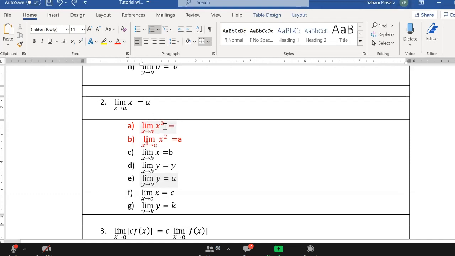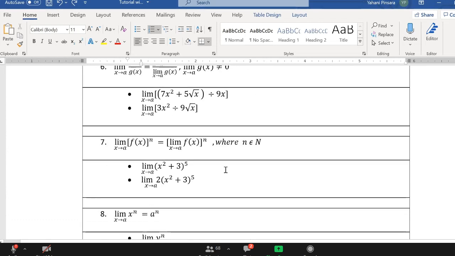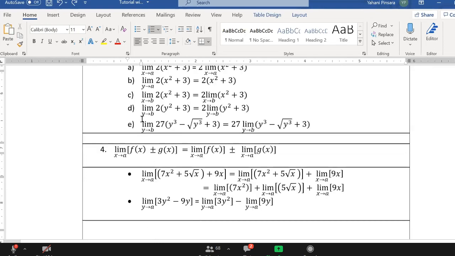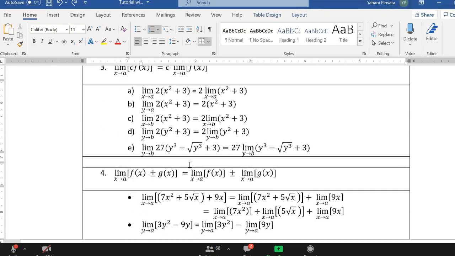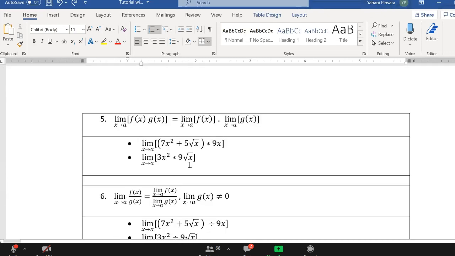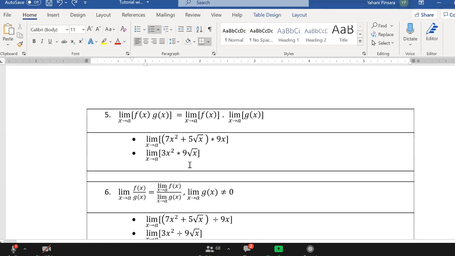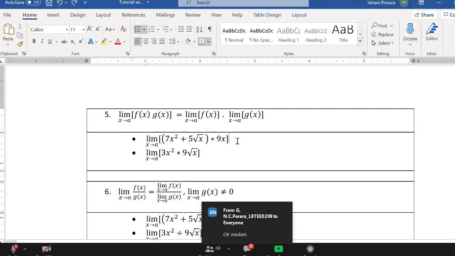You can find the answer after doing this question, after learning this law, you can find the answer for 2a. So still you know only 4 laws. Now I'm going to describe the fifth law.